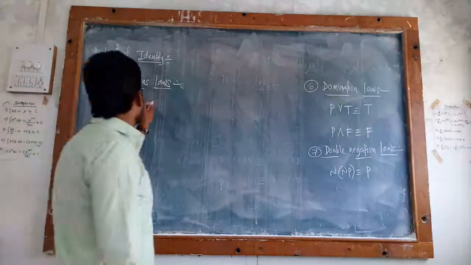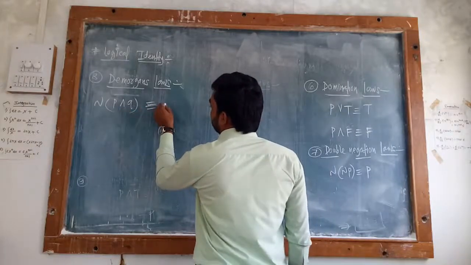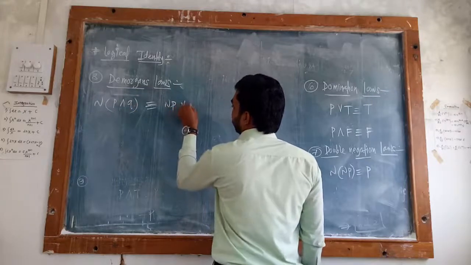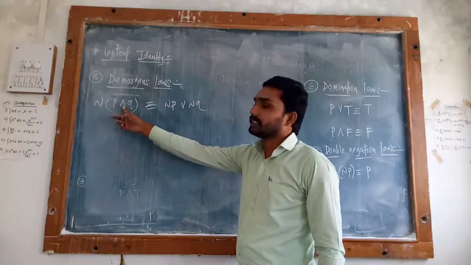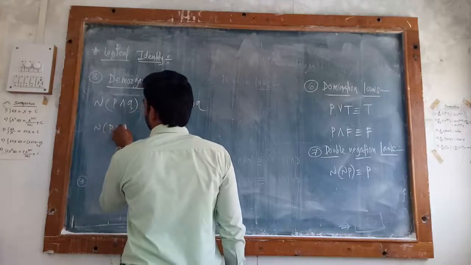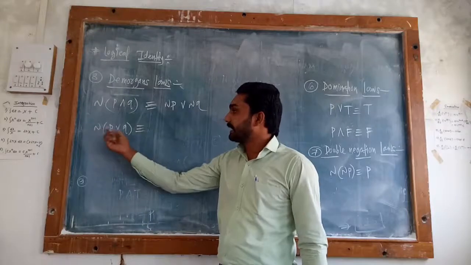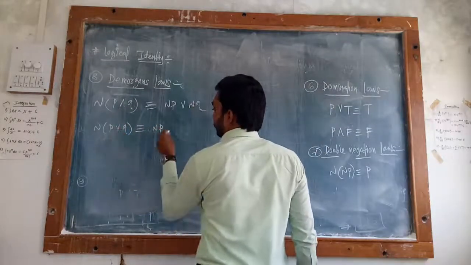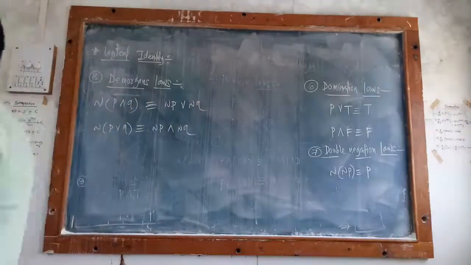So negation of P and Q is logically equal to negation P or negation Q. And second one, for AND we can replace by OR, that is negation of P or Q is logically equivalent with, apply the negation inside the bracket, then we get negation P and negation Q. This is law number 8, De Morgan's law.